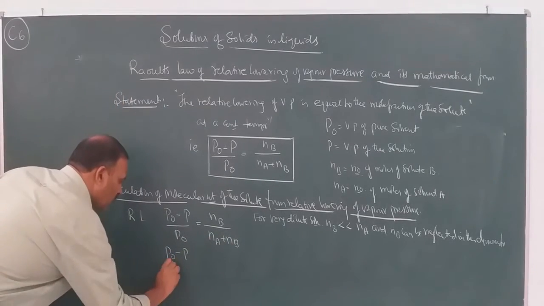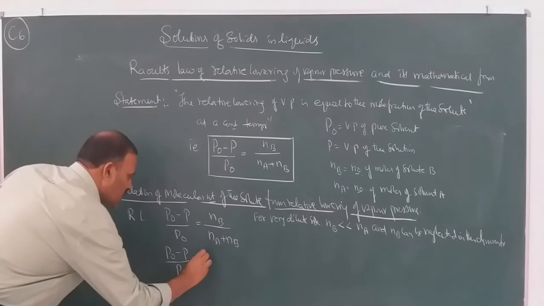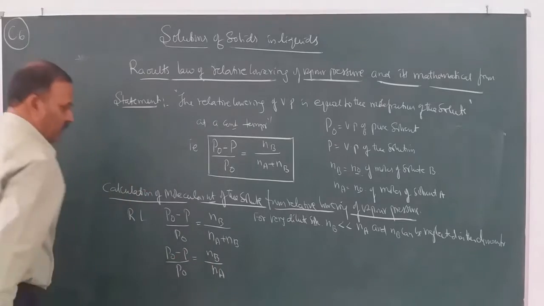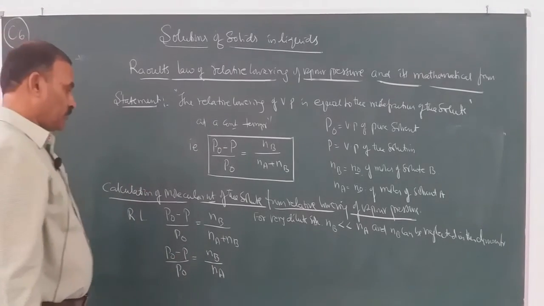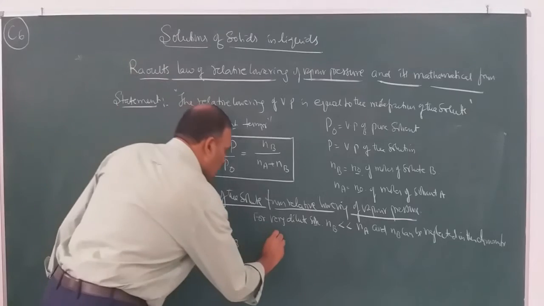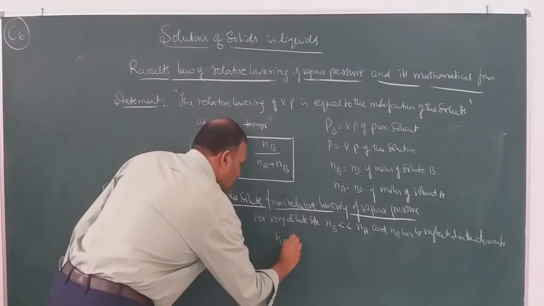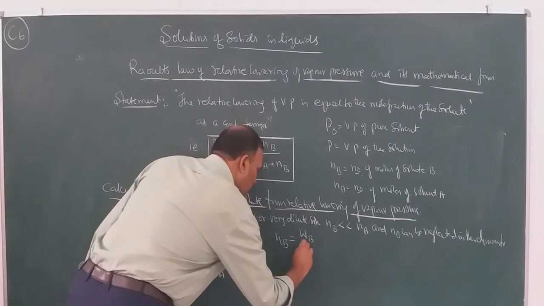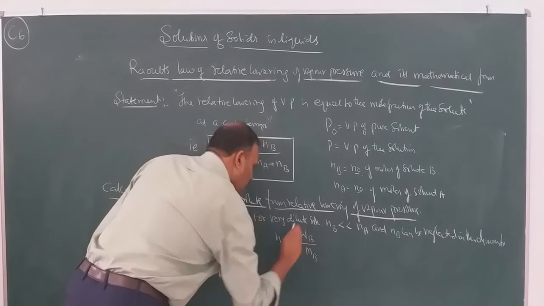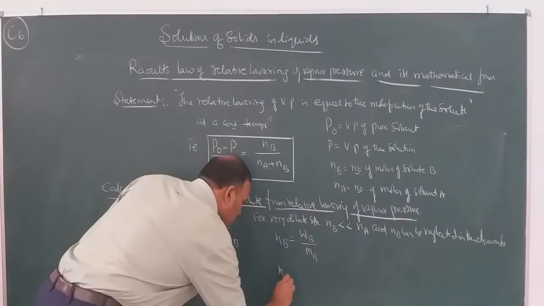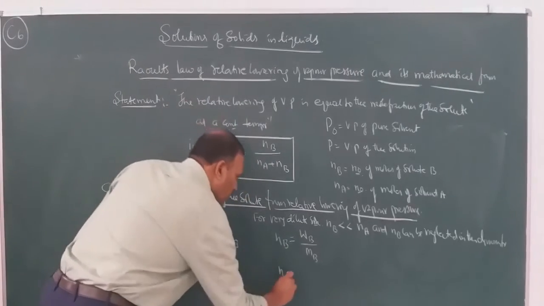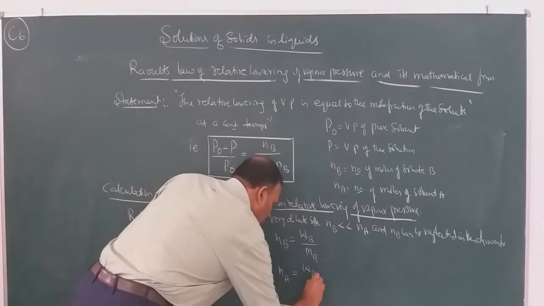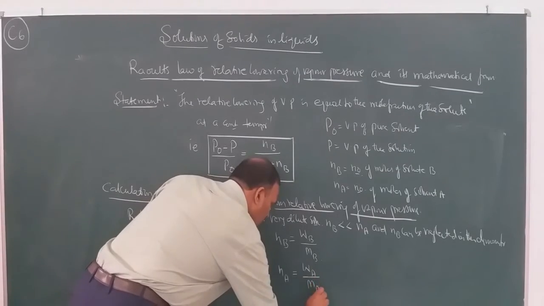P naught minus P by P naught equals Nb divided by Na. Now what is Nb? Nb equals number of moles of solute, that is equals Wb divided by Mb. Na equals number of moles of solvent equals Wa divided by Ma.